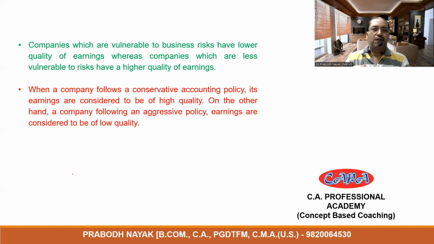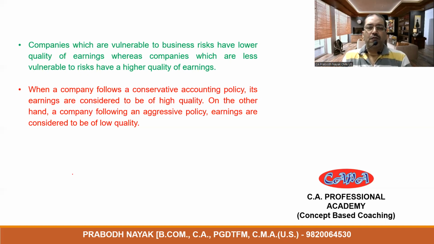Let us be a little bit conservative. If I get more, well and good. Quality of earnings will be higher. I should not get less than what I've anticipated. People should be able to rely upon my figures as minimum figures. Yes, this much will be guaranteed. Sure shot. So if I'm more conservative, the quality is higher.